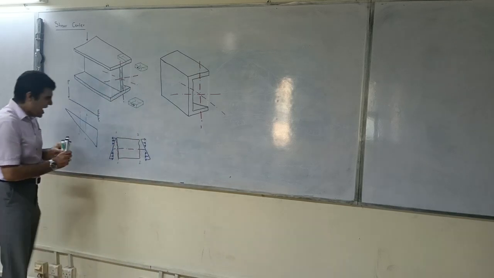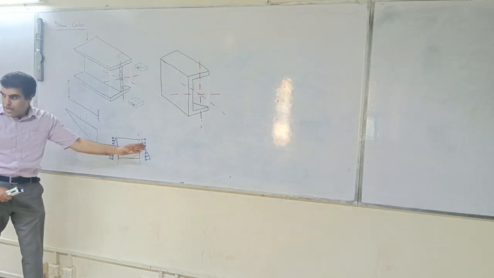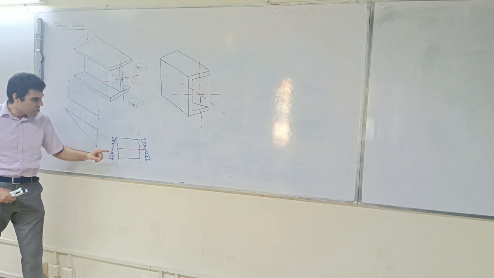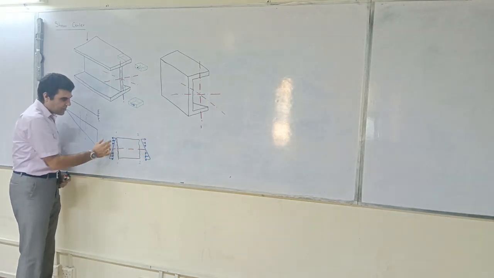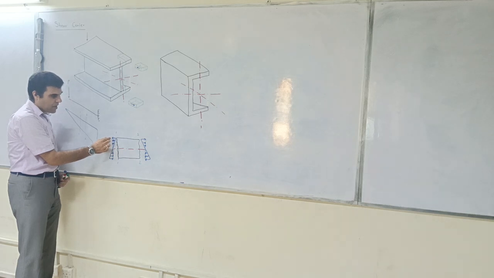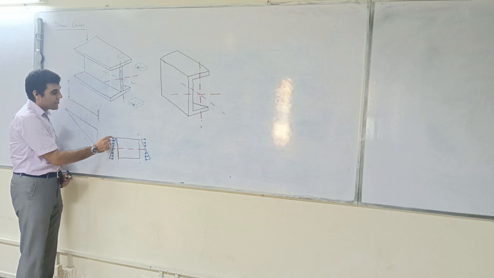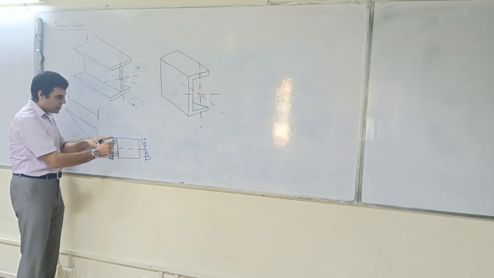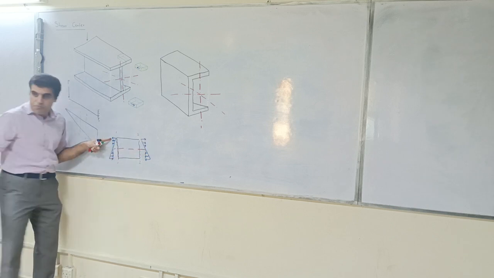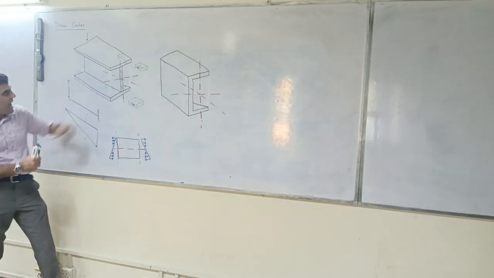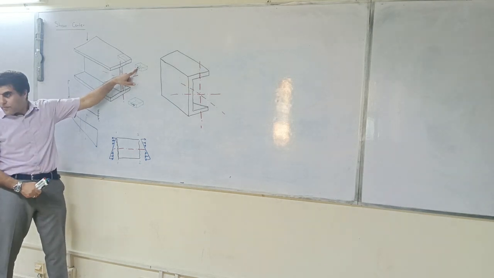Now because this moment is smaller than this one, that means there is an imbalance. This is a bigger force and this is a smaller force. So we have to apply a bigger force in this direction in order to compensate for this bigger force, and I have applied it over here like this.